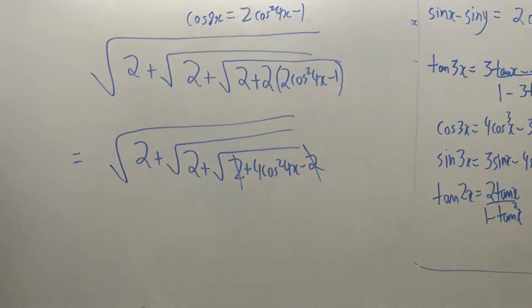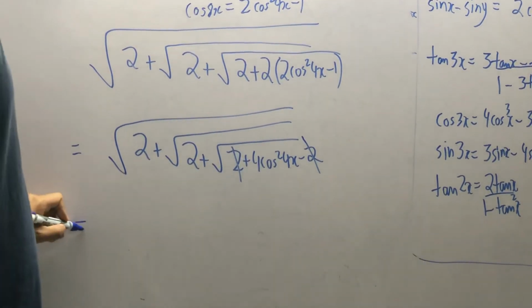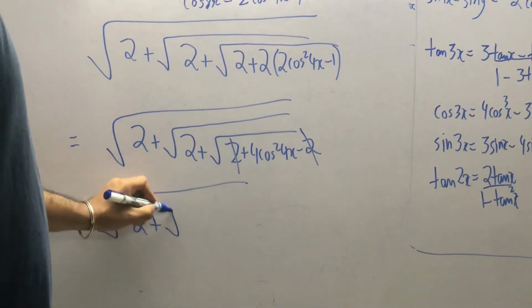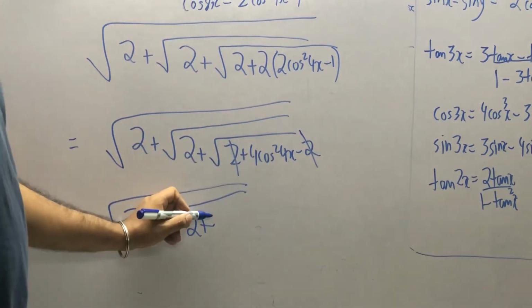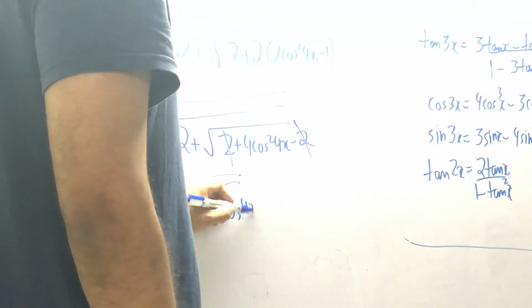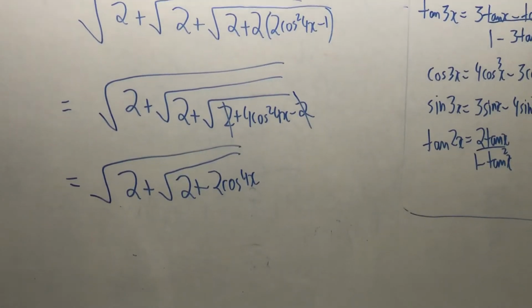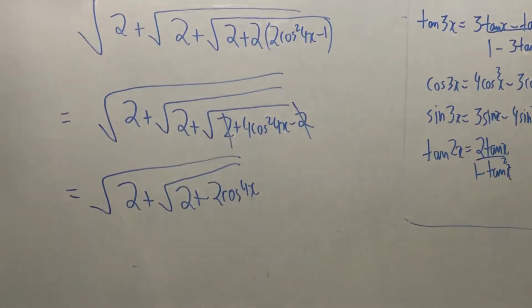That is cos square 4x. What is the square root of cos square 4x? That is cos 4x. So we get 2 plus square root of 2 plus 2 cos 4x. I hope this step is clear.